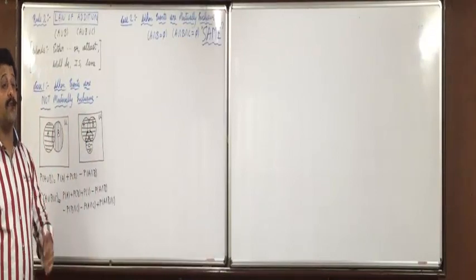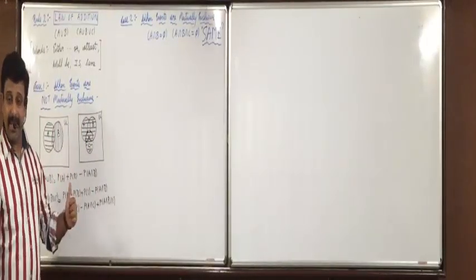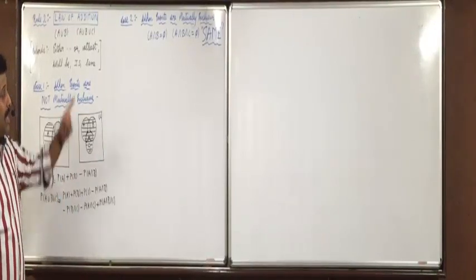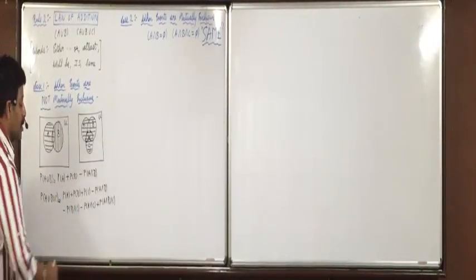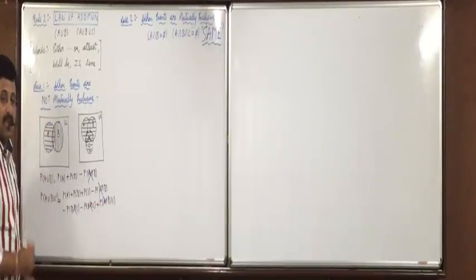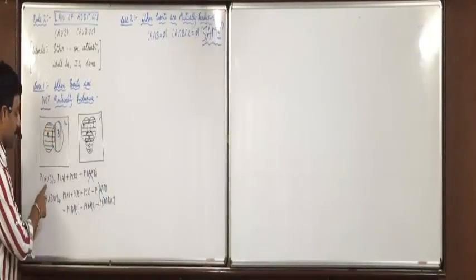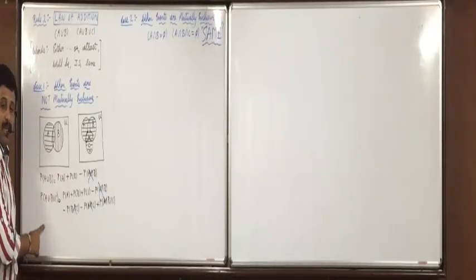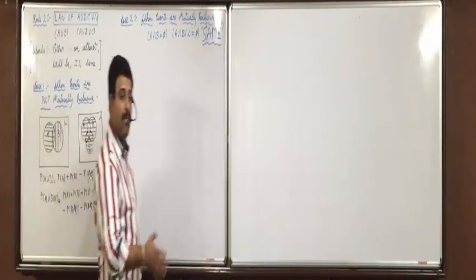And case 2 formula is very simple. Case 1 is clear, then case 2 and 3 is automatically clear. Now here A intersection B is null, so A intersection B will not come. Intersections will not come. Means what is A union B? PA plus PB. What is A union B union C? PA plus PB plus PC.